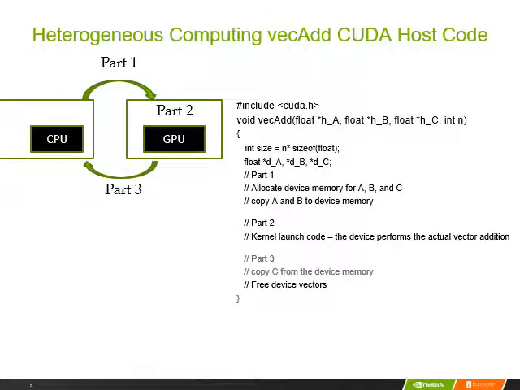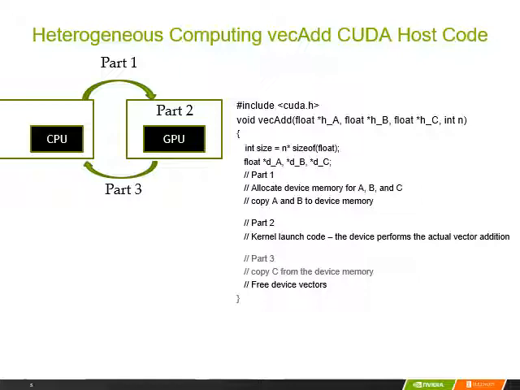In a heterogeneous computing environment, the CPU can offload the data parallel computation to the GPU. This picture shows the three parts of such an offloading process. In the first part, the CPU allocates device memory for the input and output data, and copies the input data for the computation to the GPU.